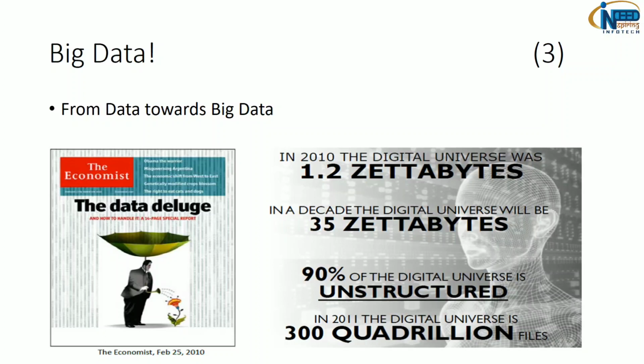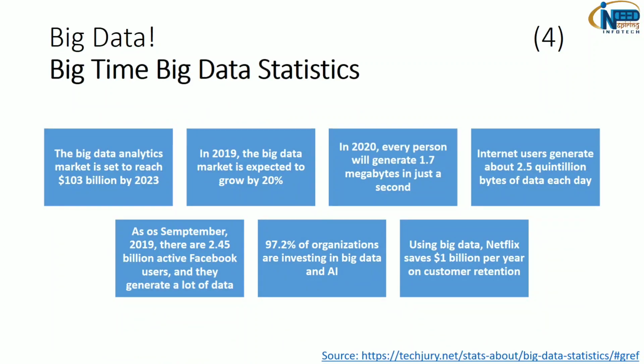These are certain statistics given by different magazines, so you can have a look at how much digital data we have been facing. Here you can see the big data analytics market is set to reach $103 billion by 2023. In 2019, the big data market is expected to grow by 20%.